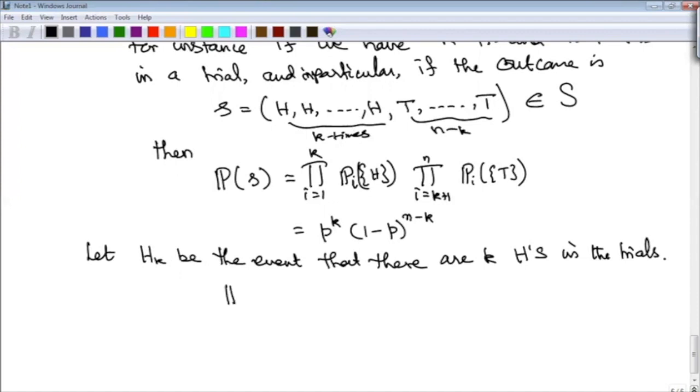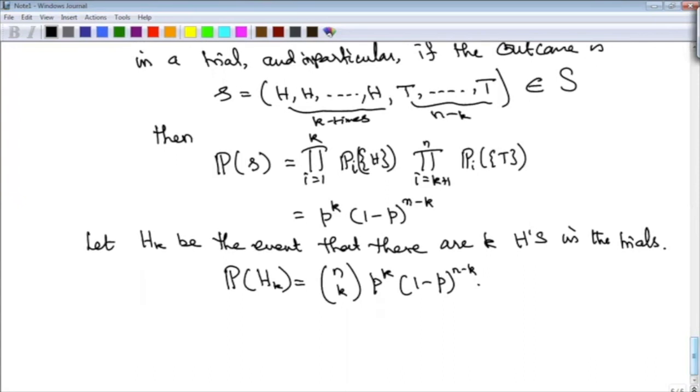Then what is the probability of H k? How many such elements can there be? Obviously, there can be n choose k combinations, times p to the power of k, 1 minus p to the power of n minus k, right? So it's a very elementary combinatorial formula where we know n choose k.